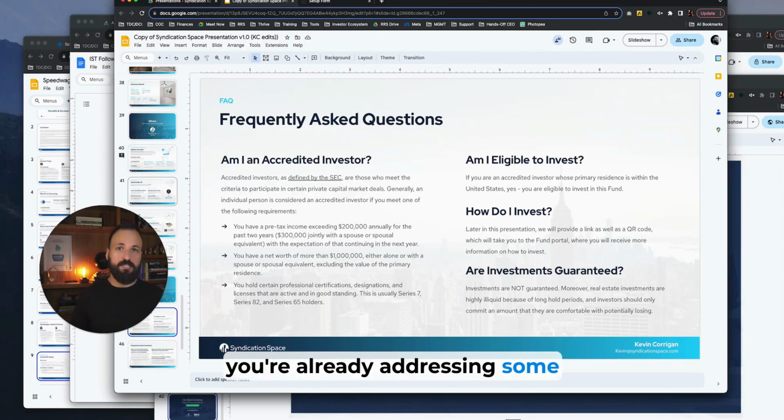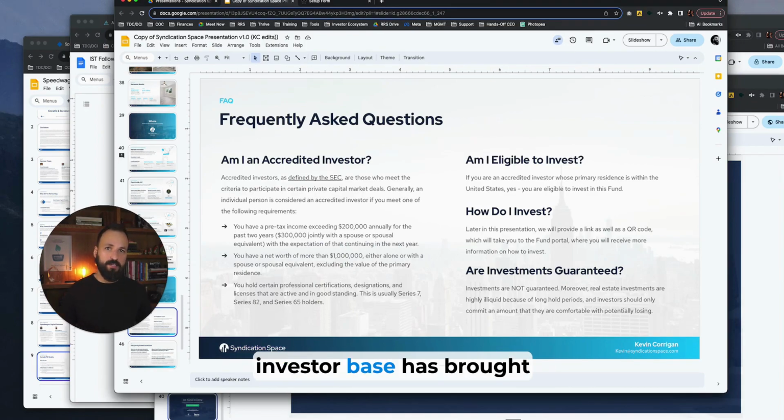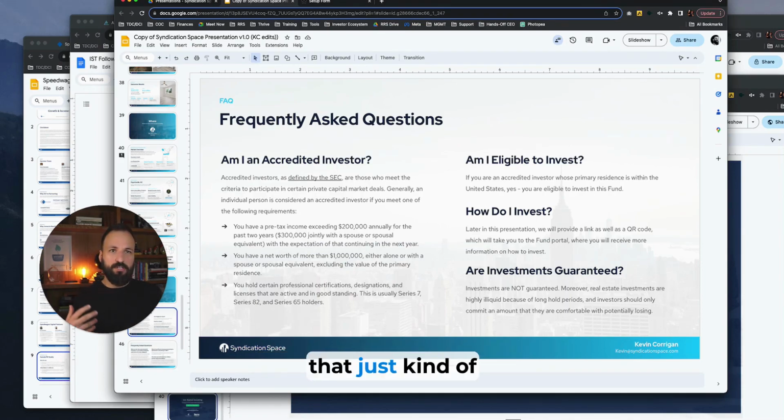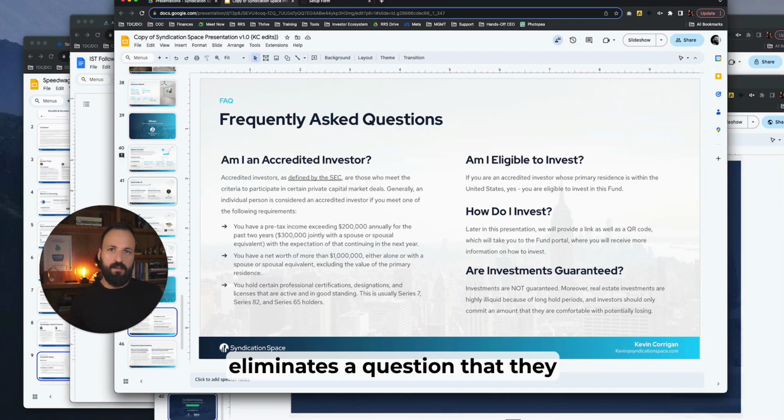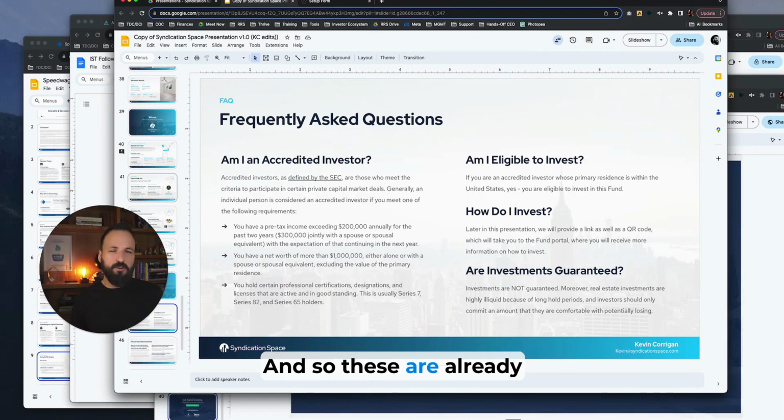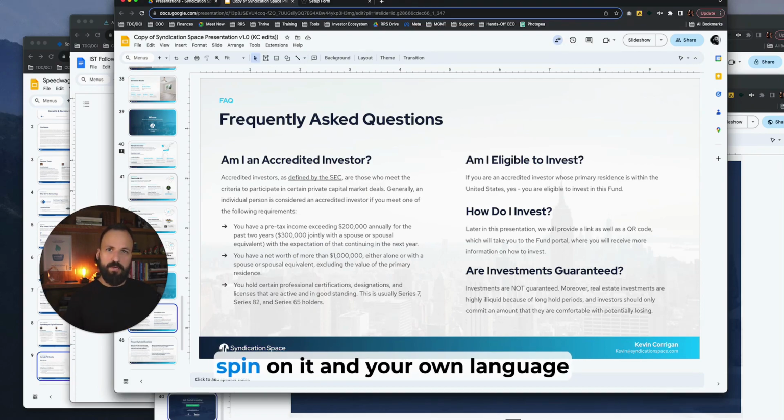You're already addressing some of the topics that your current investor base has brought up in the past, and this eliminates a question they might come back with. These are already preloaded in our framework. We advise that you put your own spin on it in your own language and also infuse a couple of your own specific questions.